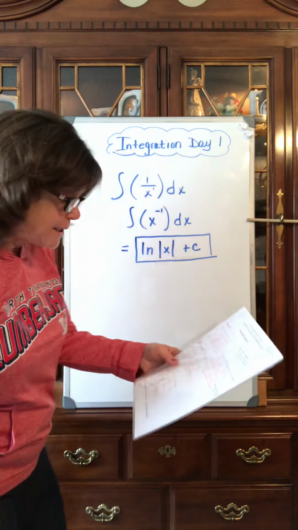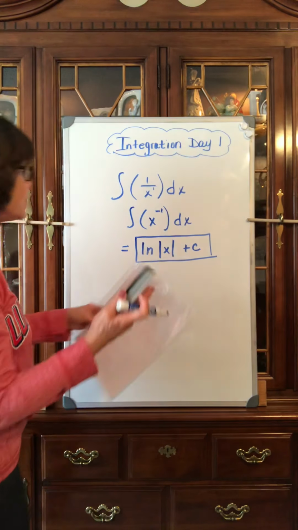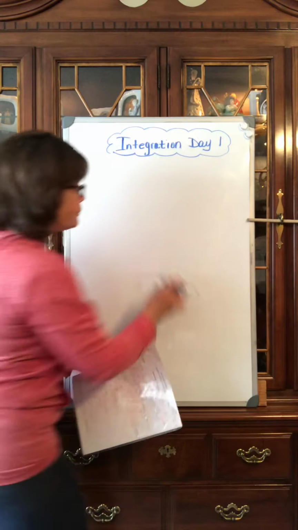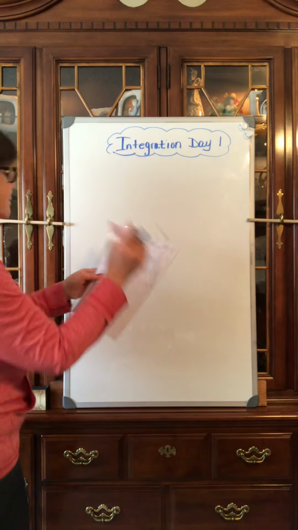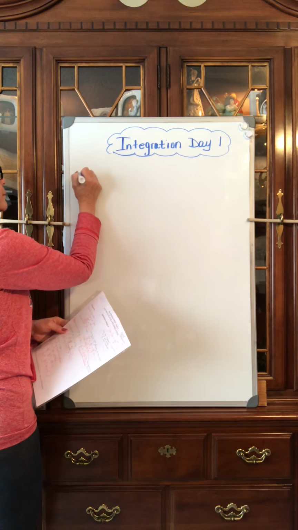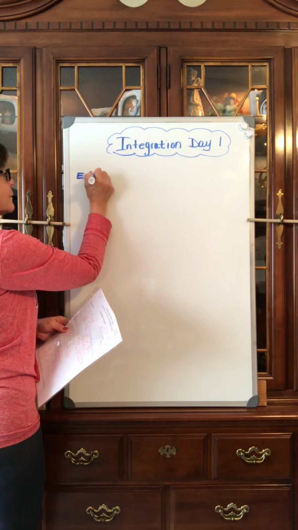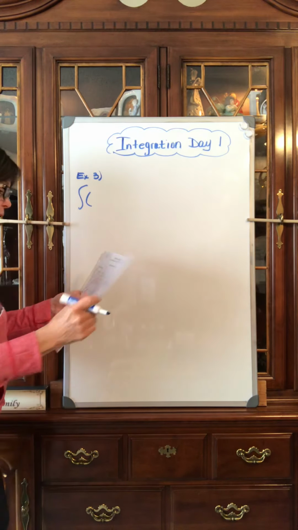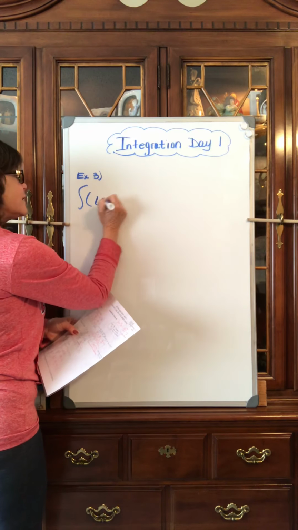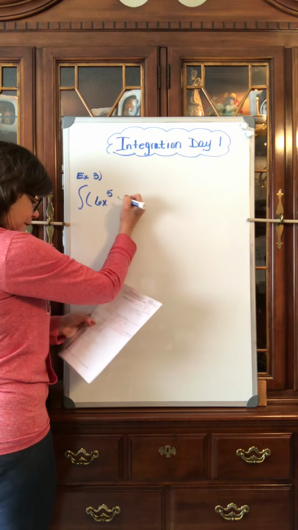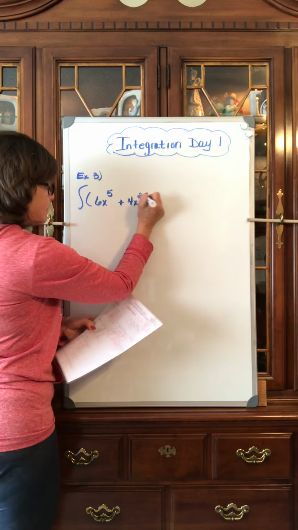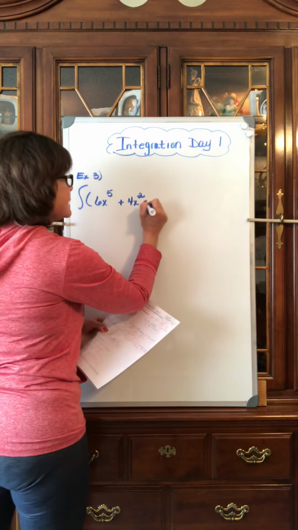All right, so let's do 2 more examples for indefinite integrals. Example number 3 is the integral of 6x raised to the 5th plus 4x squared minus 6.